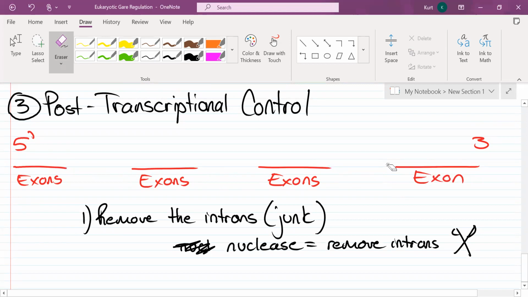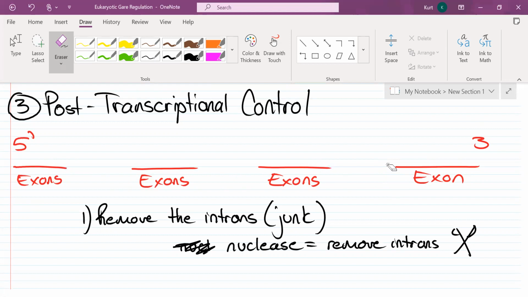Why would it get rid of them? Because there's a lot of parts of our DNA that is junk. When the scientists did the Human Genome Project in the 90s, they found that there's a lot of our DNA that codes for absolutely nothing. It's just junk DNA. Not all of your DNA codes for stuff.